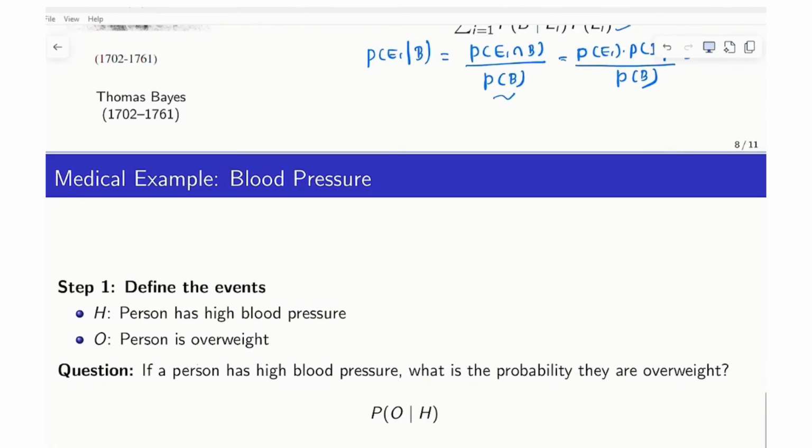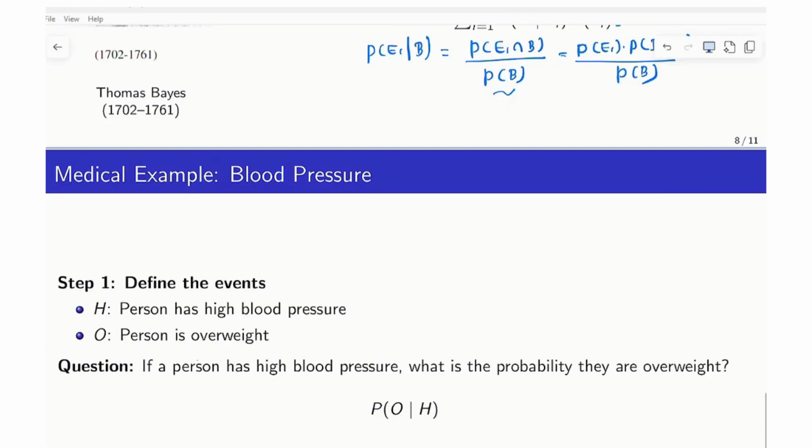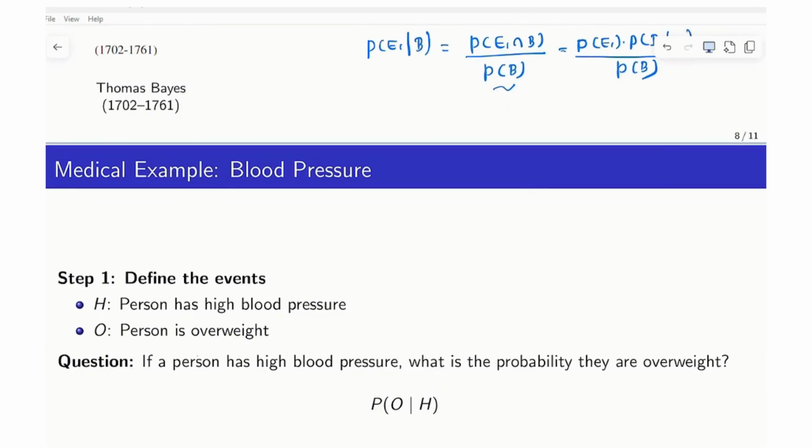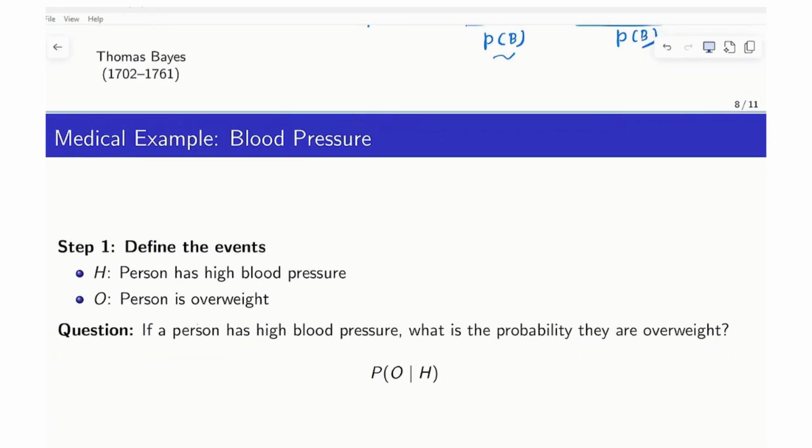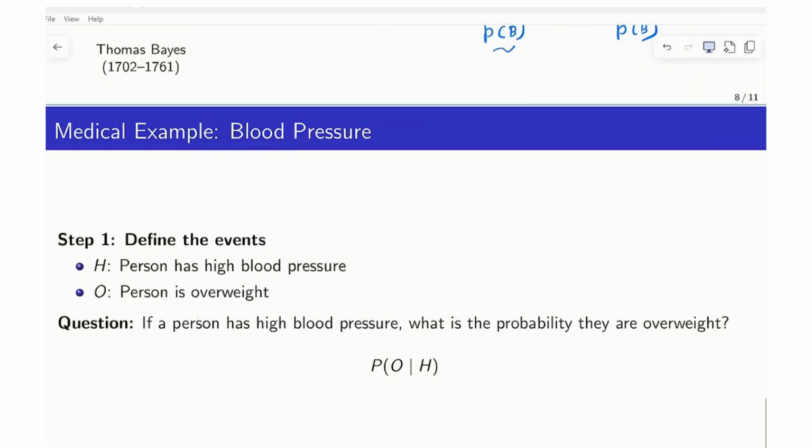Now let's apply Bayes theorem to a health-related example. Define the events H, the person has high blood pressure, and O, the person is overweight. The question is: if a person has high blood pressure, what is the probability that they are overweight?